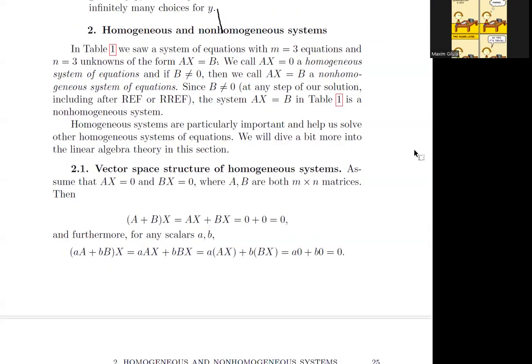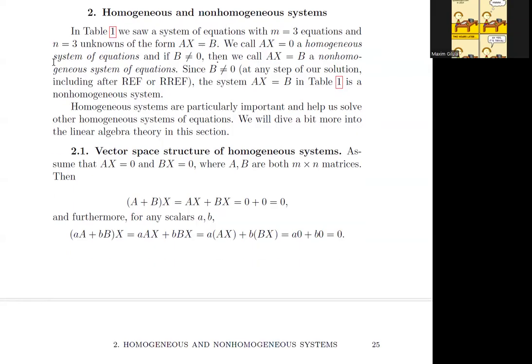Let's talk briefly about homogeneous and non-homogeneous systems. In the table, we saw a system of equations with 3 equations and 3 unknowns of the form Ax equals b. b was not 0, but if it was 0, we would call Ax equals 0 a homogeneous system of equations.